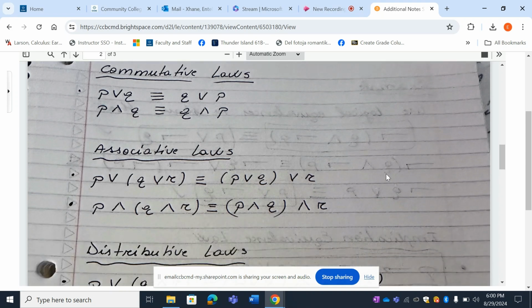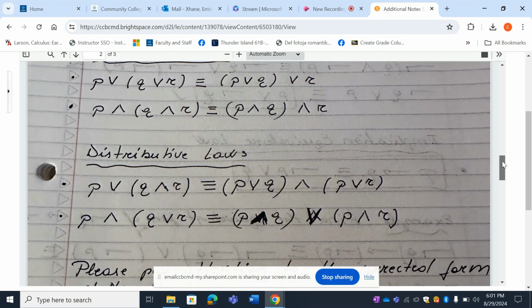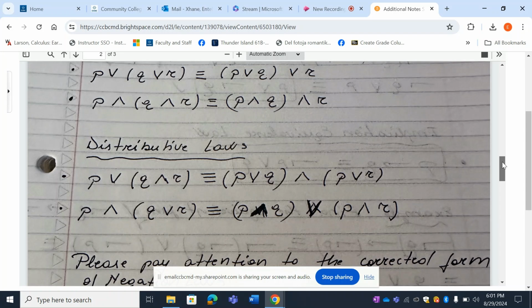So if we have P or the quantity Q or R, then this is equivalent to grouping P or Q together, or R. And this is true for the conjunction: P and the quantity Q and R is equivalent to the quantity P and Q, and R. The same as the distributive property of multiplication over addition, we have the distributive laws for and/or.